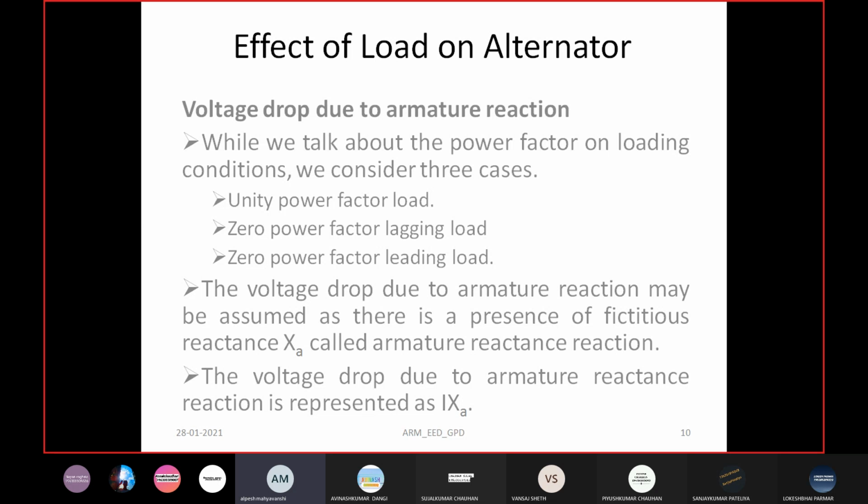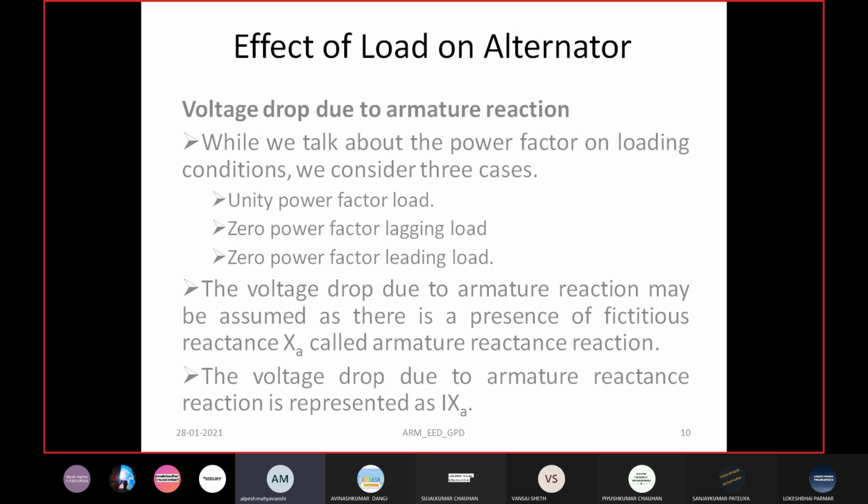So when current flows through the armature winding, some voltage drop occurs in the alternator due to the armature reaction, and that is represented by IaXa. This voltage drop is known as the voltage drop due to the armature reaction.